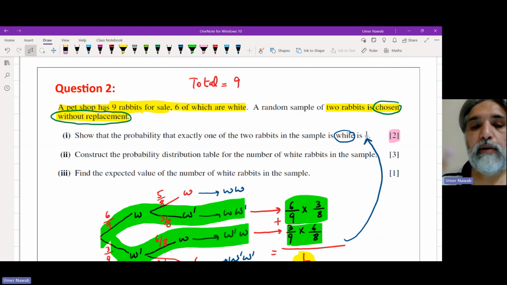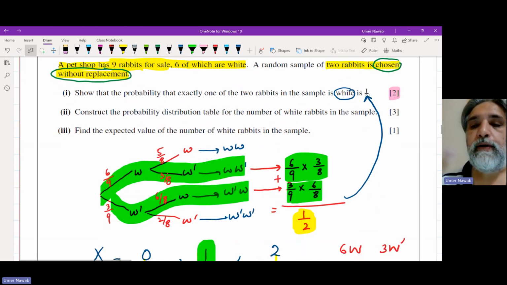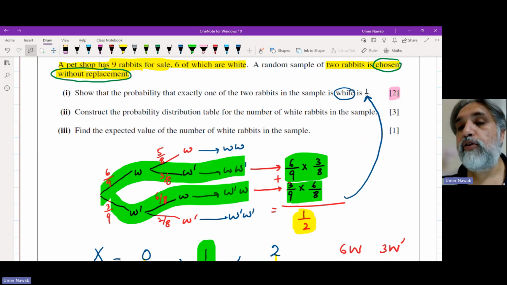But if it is related to probability, yes, either go with the combinations or draw the tree diagram since the number of trials is not so many. If I was about to get 5 rabbits or 6 rabbits, then the tree diagram is not suitable for you. Then definitely you have to come up with combinations. But that question should be related to probability. Got it?